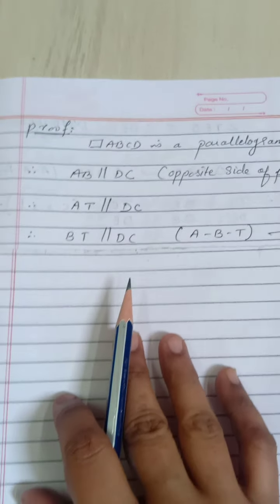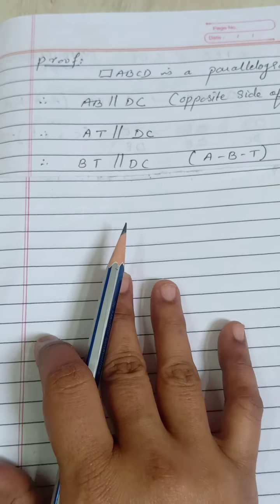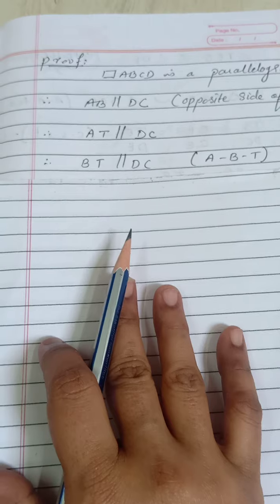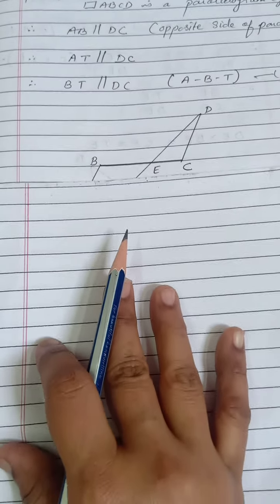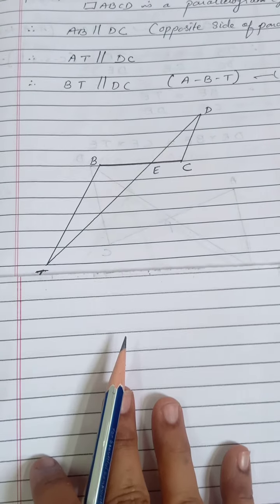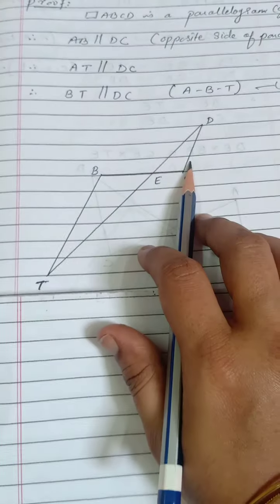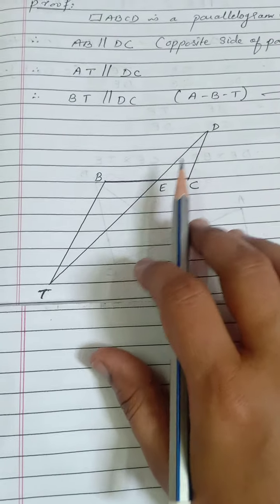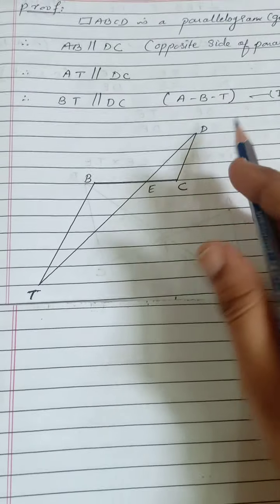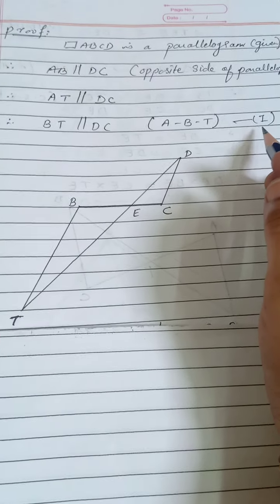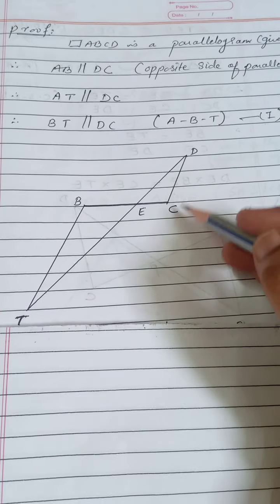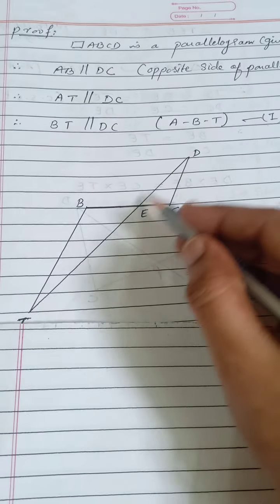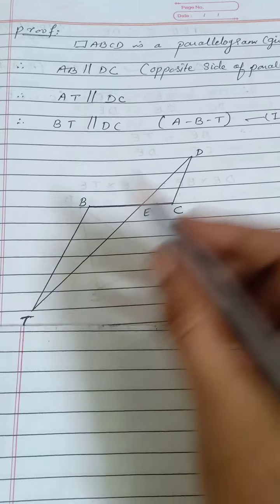Now we will take the figure which is required to prove the result. I have taken only the required figure here. In equation 1, we have got that BT is parallel to DC and DT is a transversal.